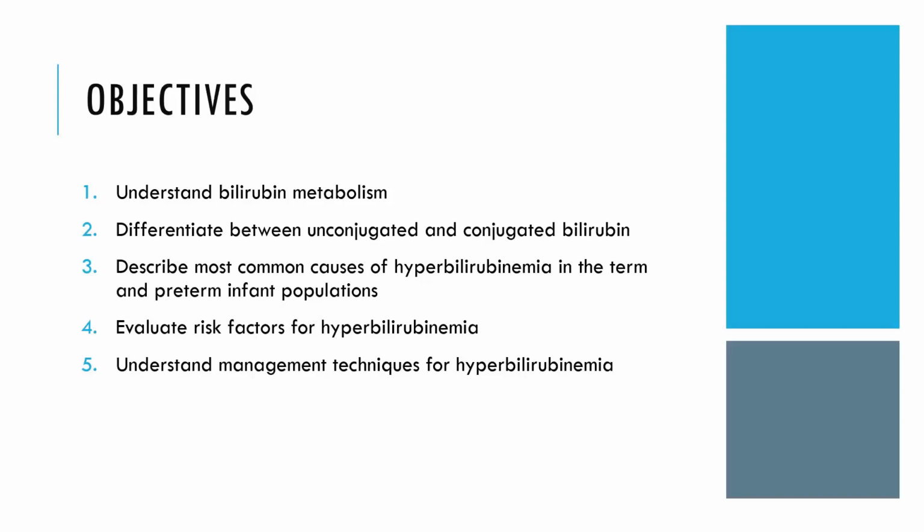The first one is understand bilirubin metabolism, differentiate between unconjugated and conjugated bilirubin, describe the most common causes of hyperbilirubinemia in the term and the preterm infant populations. We'll be talking about both, kind of jumping back and forth. Evaluate the risk factors for hyperbilirubinemia and understand management techniques for hyperbilirubinemia in the preterm and term infant.